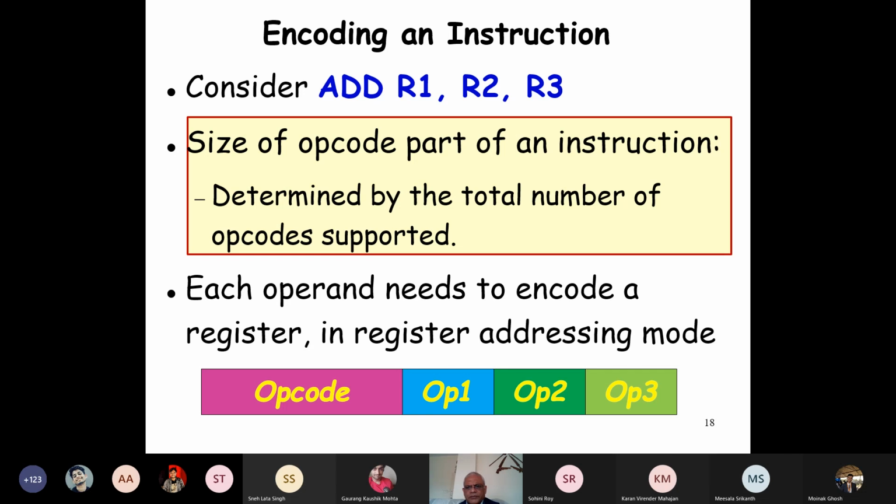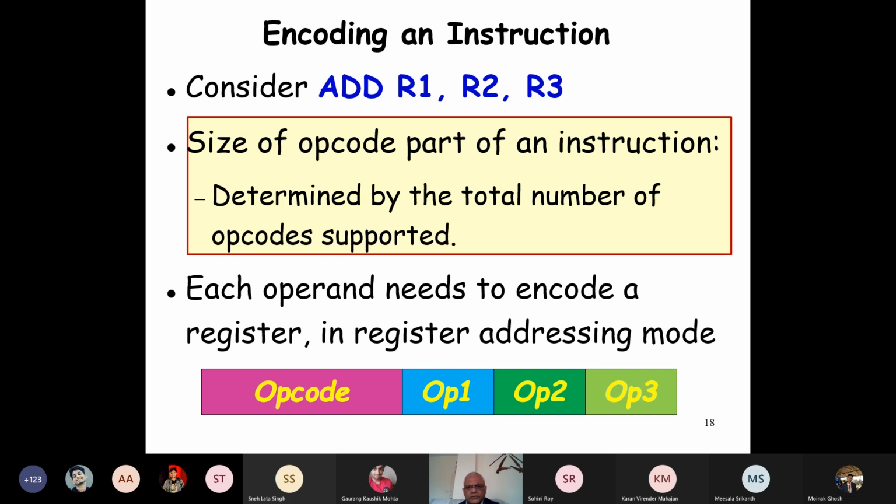But then remember that we have various types of addressing modes. We had mentioned about 4 or 5 types of addressing modes, so that also we need to encode. So the instruction size will be slightly larger. But for the simple addressing, where we have only 3 register operands and only 40 operations, we need 6 bits for the opcode and 4 bits for each of the operands.